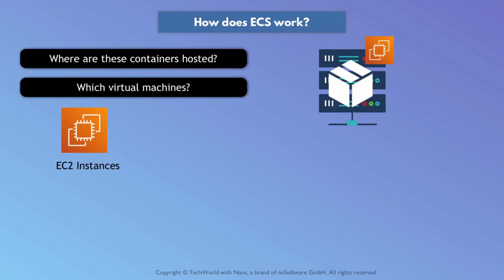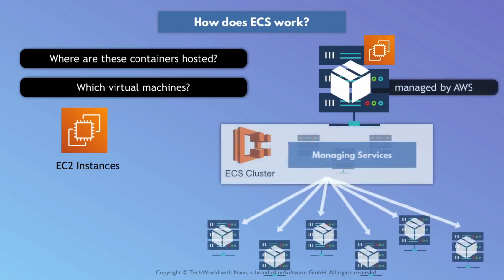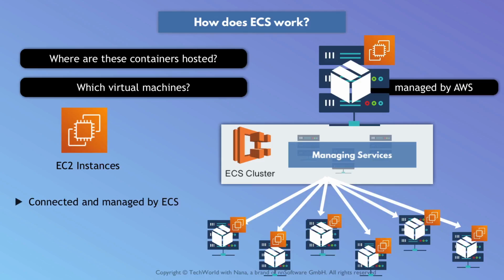However, this time the EC2 instance will not be isolated and managed by us completely, but the EC2 instance will be connected to this ECS cluster that we created. So rather than just being independent, isolated, managed by us, now the EC2 instance will be connected to the ECS cluster and will be managed by the control plane processes on the ECS cluster.